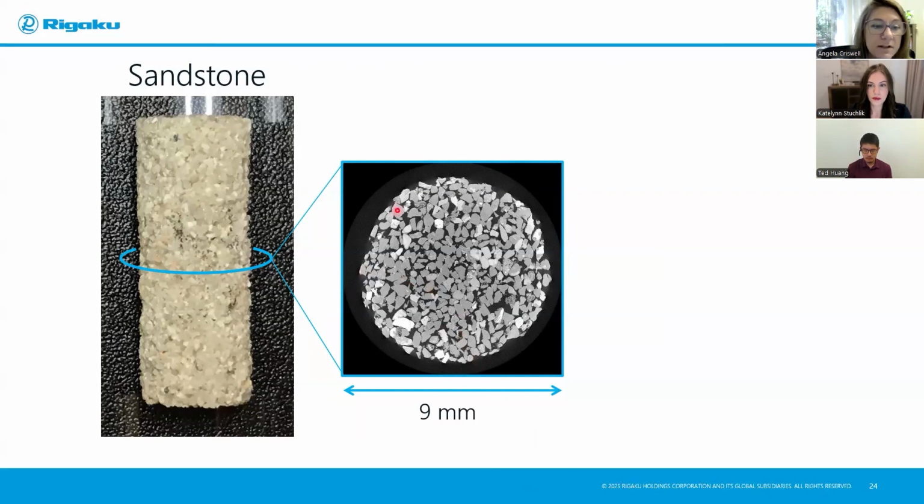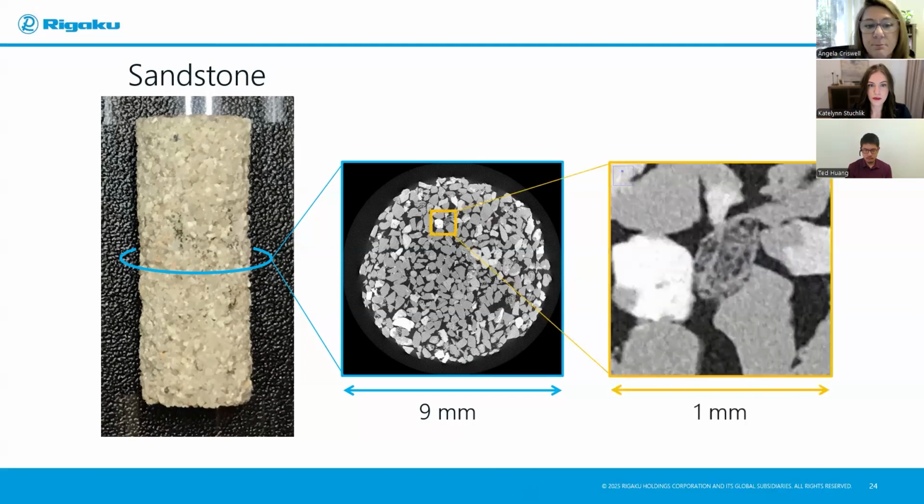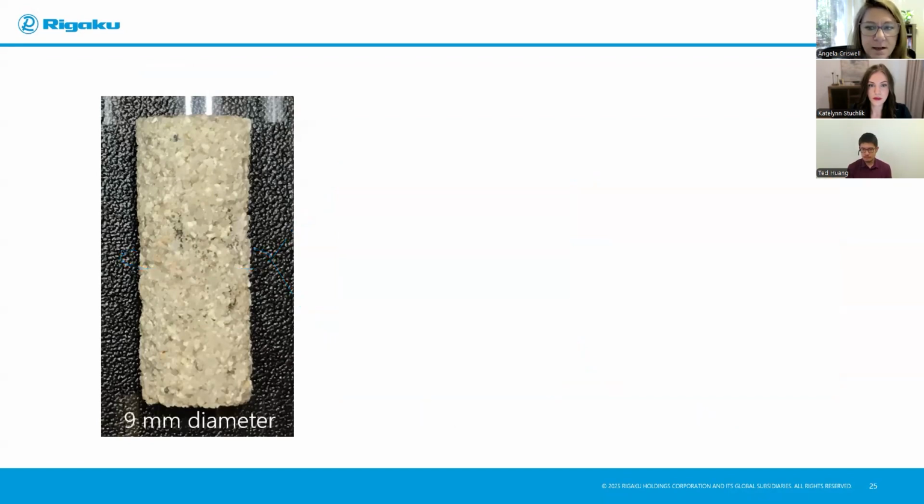Obviously in this case, I'm probably interested in grains. I'm also very interested in this pore space, because this is where any air, water, maybe oil or gas might be located. So how might I approach my CT scan parameters for this particular sample?